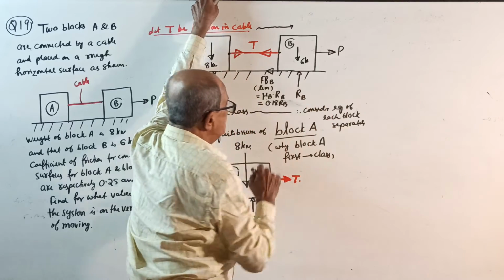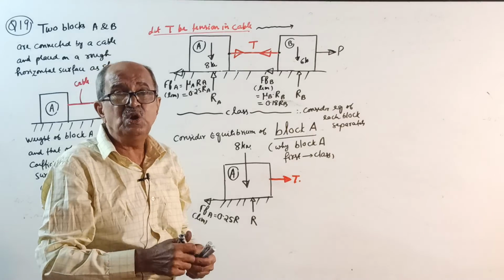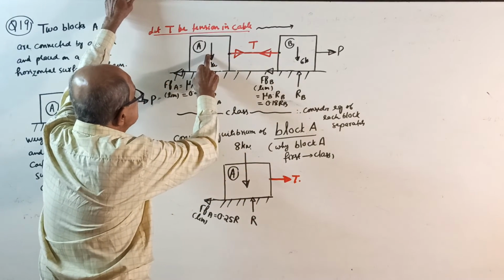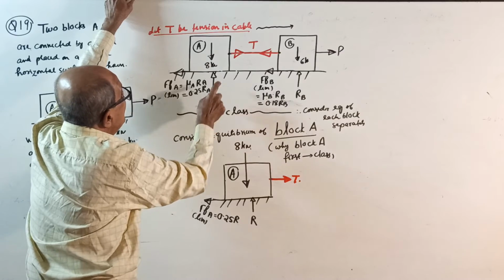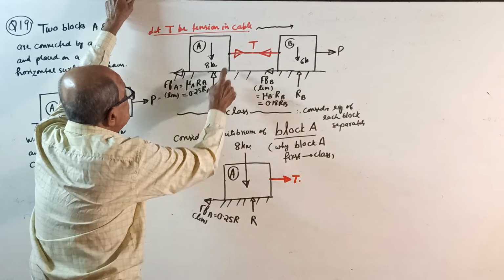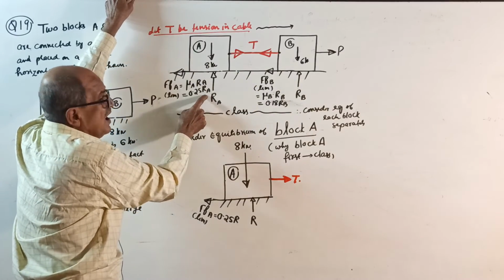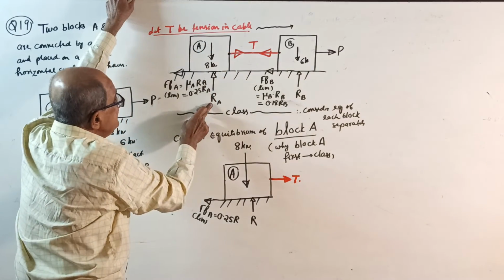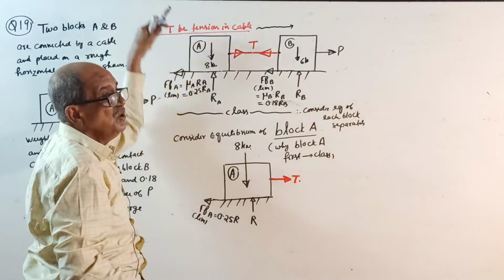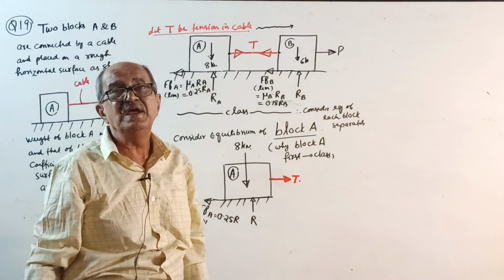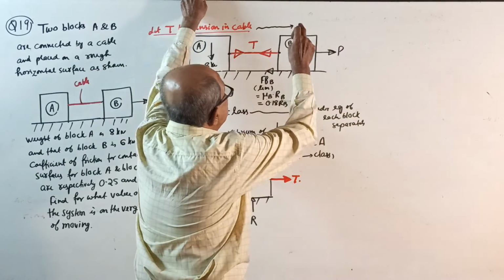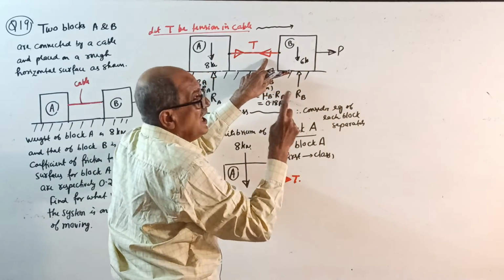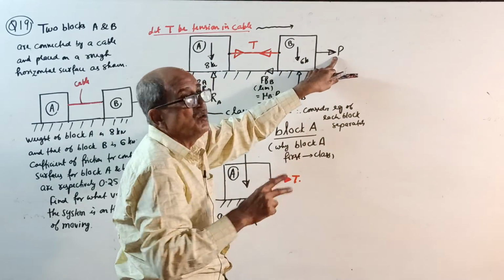Now, one doubt will come. Which block first? It is equally important. If I take block A first, RA and tension are the only two unknowns, F at A is mu into R, no problem. You can apply the equations. But if you consider block B, RB is unknown, tension is unknown, and P is unknown.